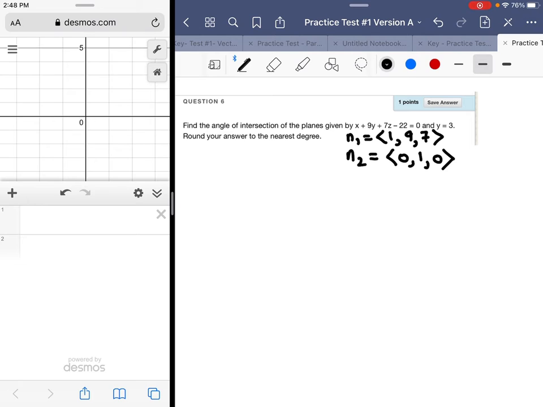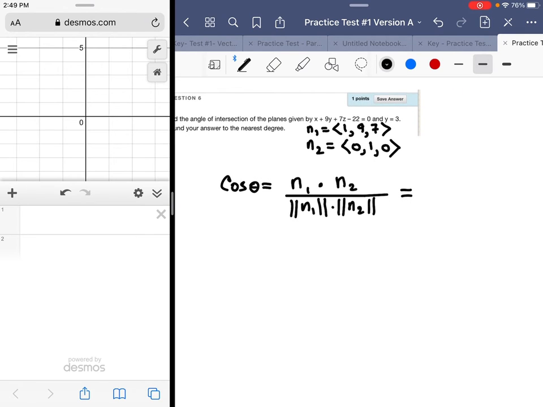So what we want to do is use our cosine rule, which is cosine of theta equals n1 dot n2 over the magnitude of n1 times the magnitude of n2. n1 dotted against n2, that part's easy, because you're multiplying the corresponding parts and then adding the results.